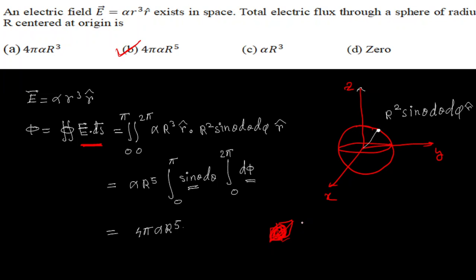Or you will use this when the electric field is given in terms of xyz, but the surface through which we have to calculate the flux is a spherical surface, or a cubic surface, or a cylindrical surface.